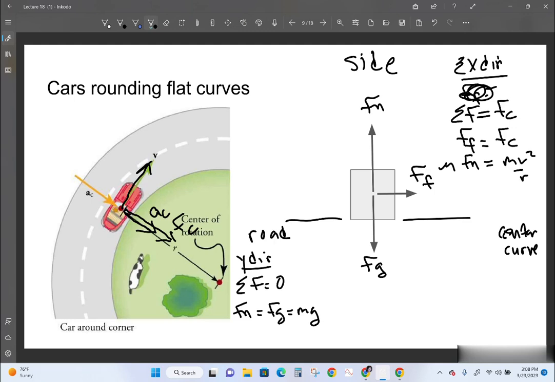And notice that mu mg is what Fn turns into, right? So Fn is mg, and that's equal to mv squared all over r.